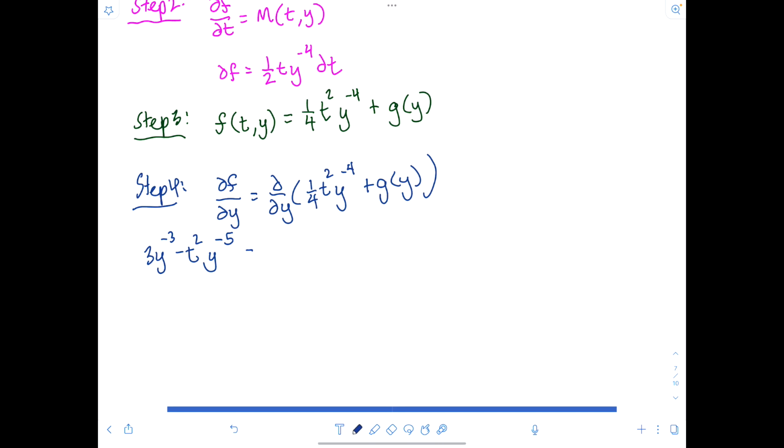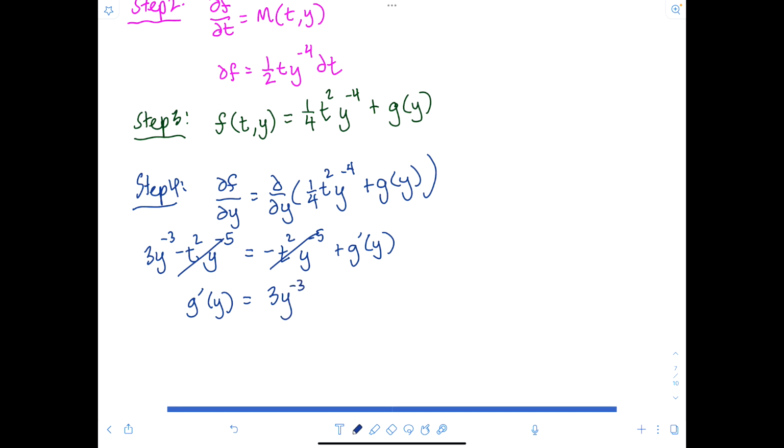And then on the right side, what's going to happen? Beautiful. So I will have the negative 4 divided by 4 becomes negative 1, right? So I'll have negative t squared y to the negative 5 plus g prime at y. And working through it, the signs are the same on those two terms there. And it looks like g prime at y equals 3y to the negative 3.